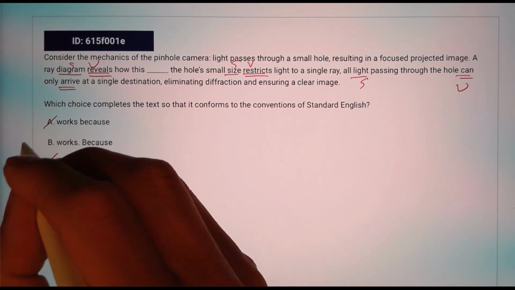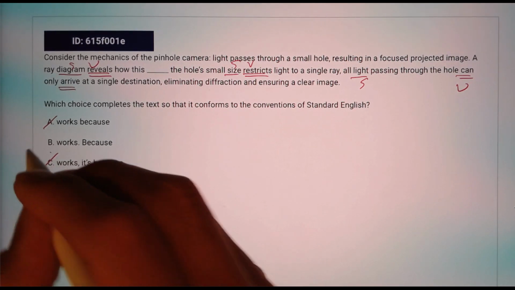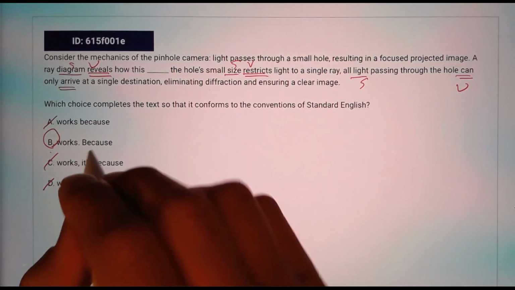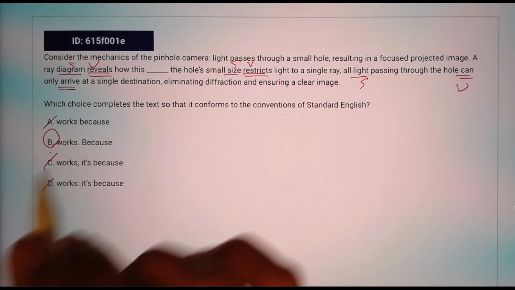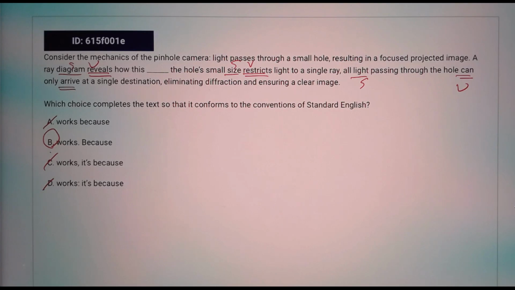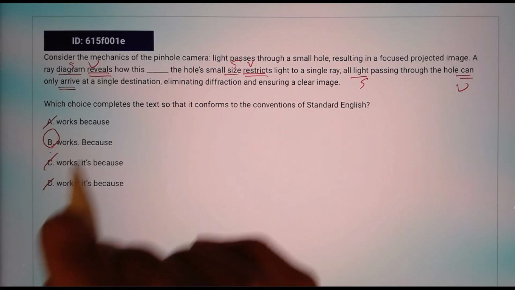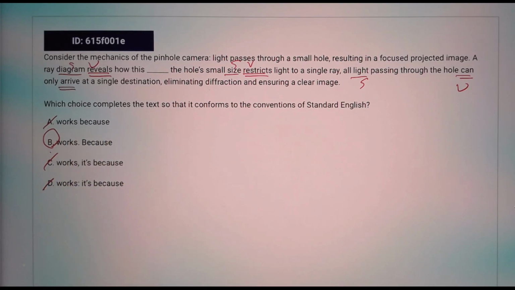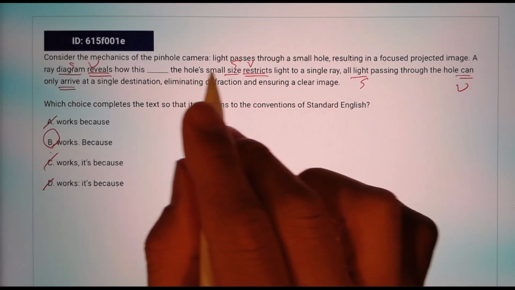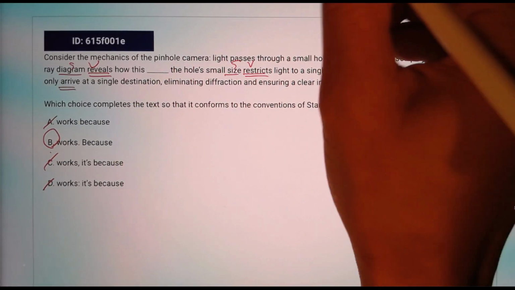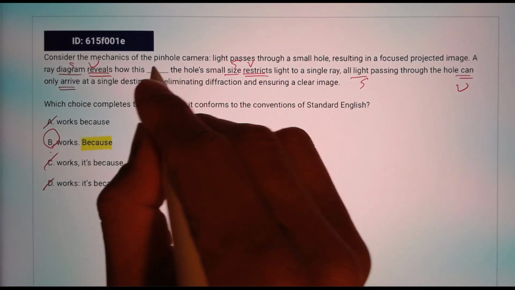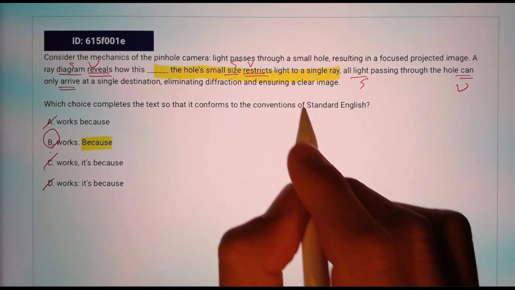So one thing that removes all that issue is choice B, because you say a ray diagram reveals how this works. Finish the clause, and then start a new one, but this time, because is a subordinating conjunction that allows you to make a dependent clause. So because the hole's small size restricts, that makes the whole thing, I'm going to highlight, a dependent clause.